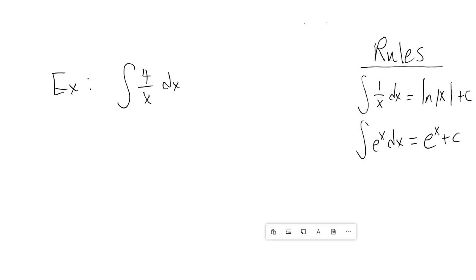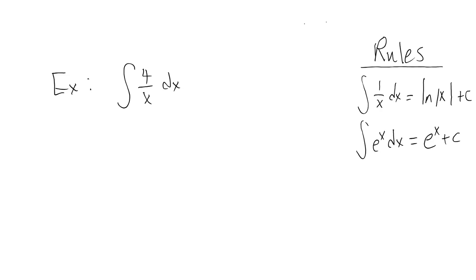The first example says the integral of 4 over x dx. We want to evaluate this integral using the rules that I stated earlier. And what I notice is that my problem is almost the same as the first rule here, integral of 1 over x dx. The only difference is that 4.